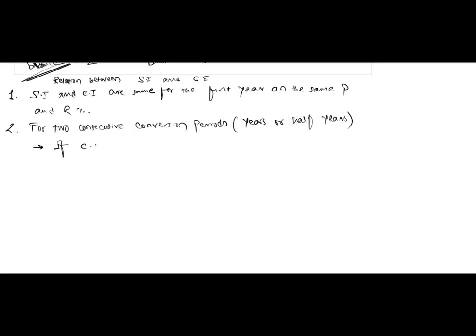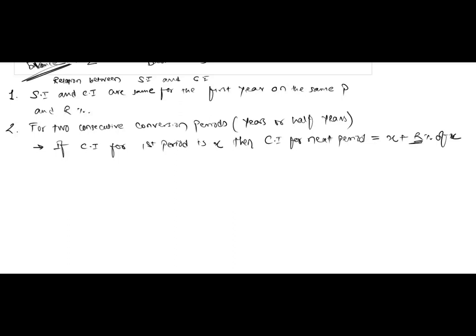If the compound interest for the first period, that is the first half year or first year, is X, then the compound interest for the next period can be found directly by using the formula X plus R percent of X. And what is R?